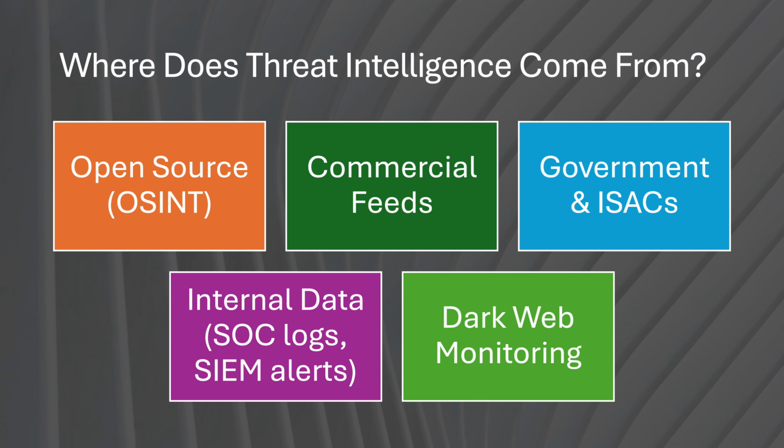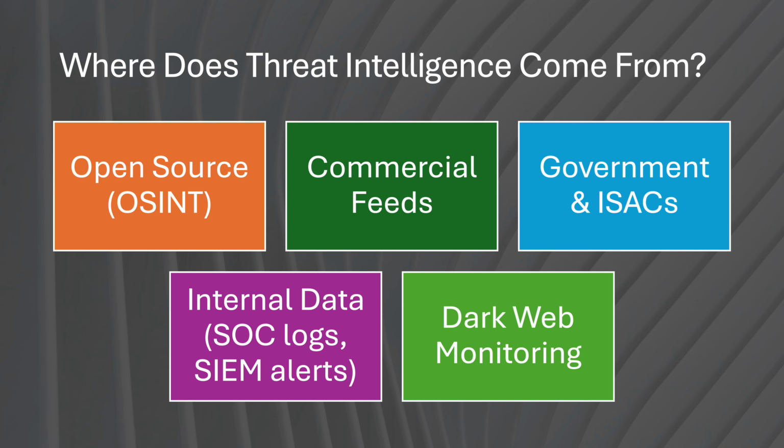So where does all this intelligence come from? Threat intel comes from a mix of sources: open source intelligence, commercial feeds, government partnerships, internal logs, or even dark web monitoring. Open source data is freely available and covers everything from malware reports to Twitter posts from security researchers. Commercial feeds provide curated, high-quality data that organizations subscribe to.